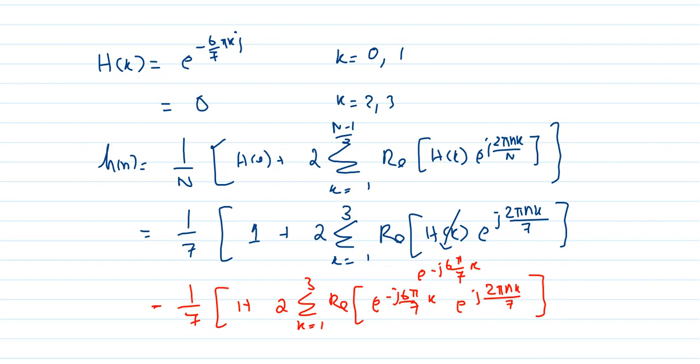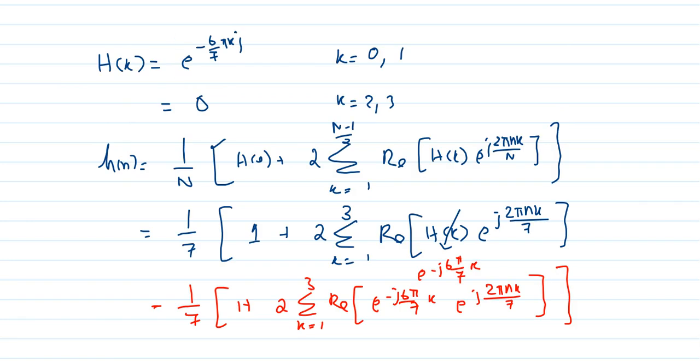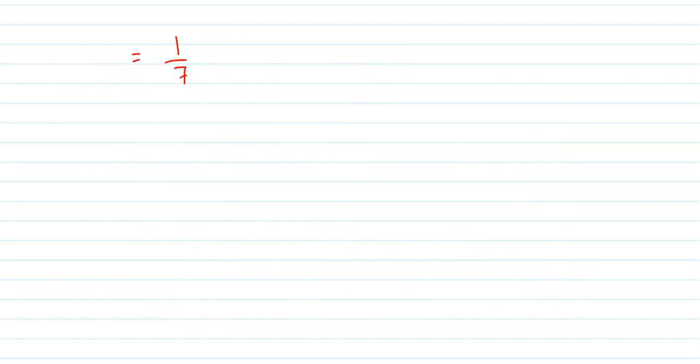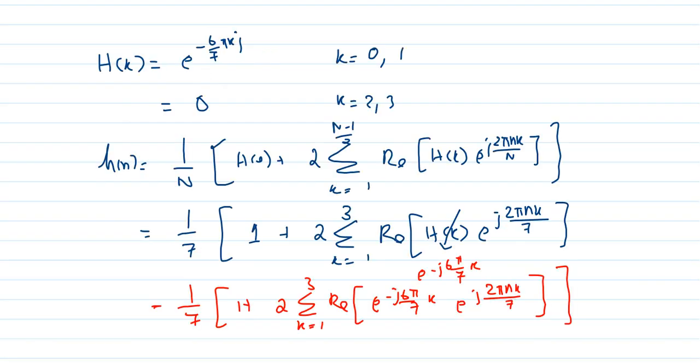Now if you actually see, k is having values 1, 2, 3. In this, for k equal to 2 and 3, the magnitude is 0. So only for k equal to 1 you will be having values. So we can write literally 1 by 7, whole bracket, 1 plus 2 times, you will have only one value, k equal to 1 alone.